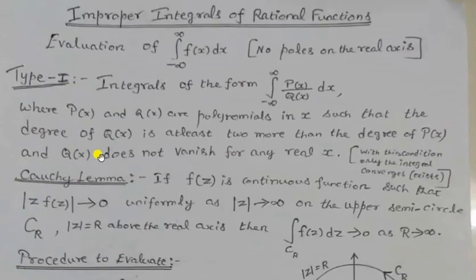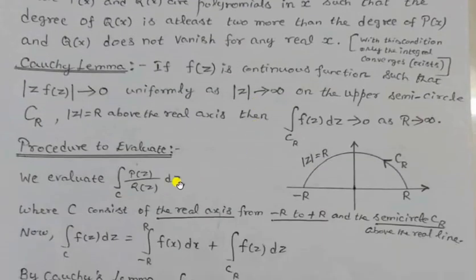First, the given problem is a function of x, but while starting with the problem, we'll consider it as a function of z. The contour I'm taking here is integration over c. That contour consists of the real axis from minus R to R and a semicircle C R above the real line. So I can split and rewrite this integration over the contour c in terms of the real line and the upper semicircle.